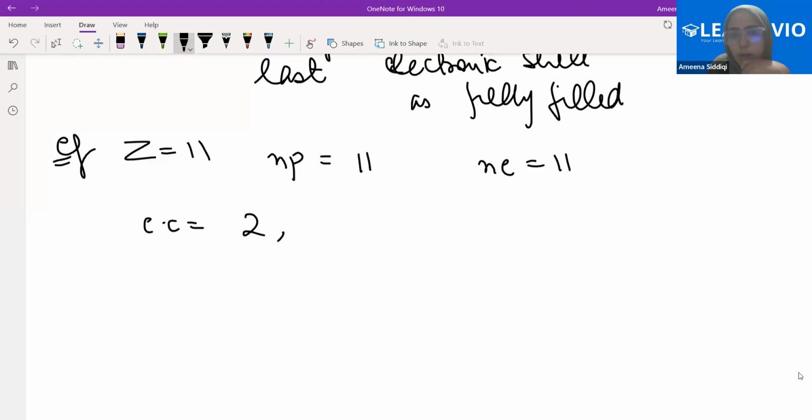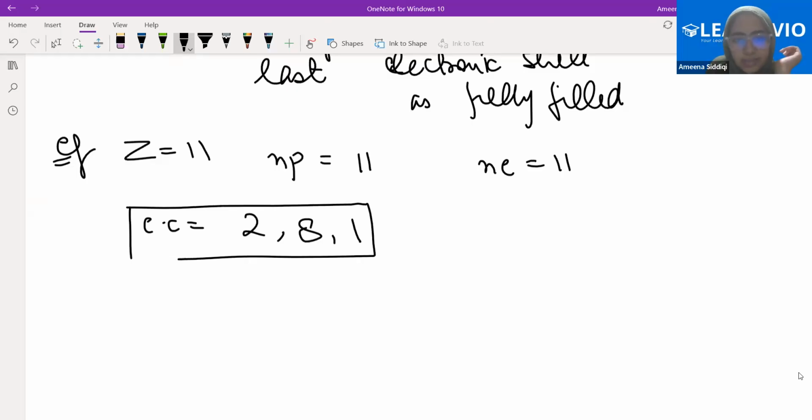Yes. How many in the third shell? 8. Do I really need to move to the third shell? Yes. One. Are the number of electrons complete here? Yes, they are. Now, this is the electronic configuration for this atom, which has atomic number 11. Clear?